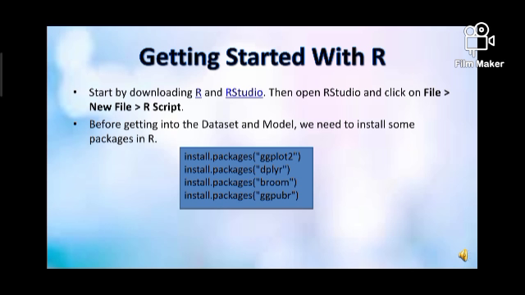ggplot2 is basically a data visualization package for the R language, and dplyr is a grammar of data manipulation, providing a consistent set of verbs that will help you to solve the most common manipulation challenges. The broom package takes the messy output of built-in functions in R such as lm, nls or t-test and turns them into tidy tables.